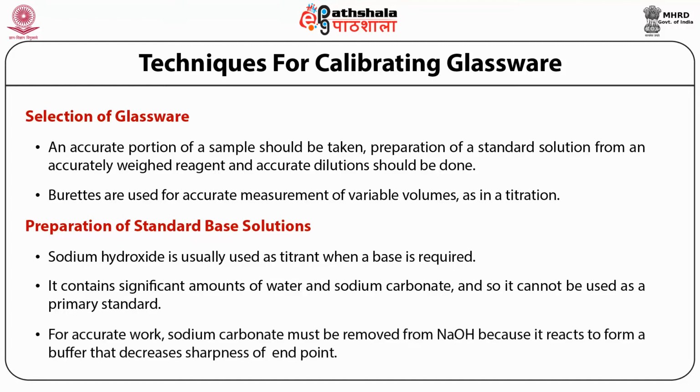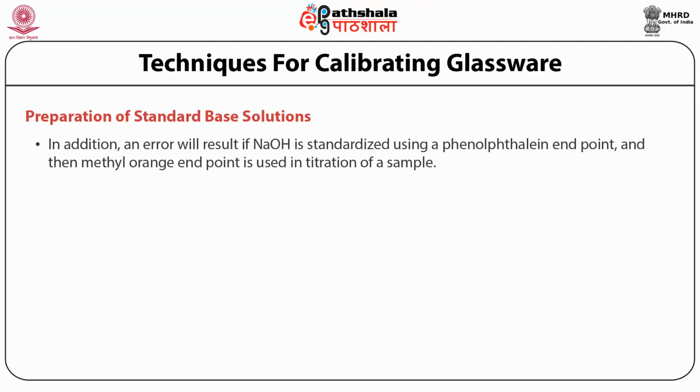For accurate work, sodium carbonate must be removed from NaOH because it reacts to form a buffer that decreases the sharpness of the endpoint. In addition, an error will result if NaOH is standardized using a phenolphthalein endpoint and then a methyl orange endpoint is used in titration of a sample.